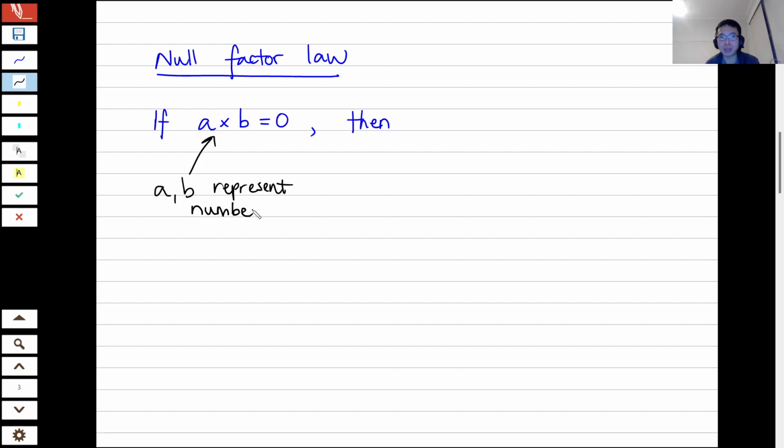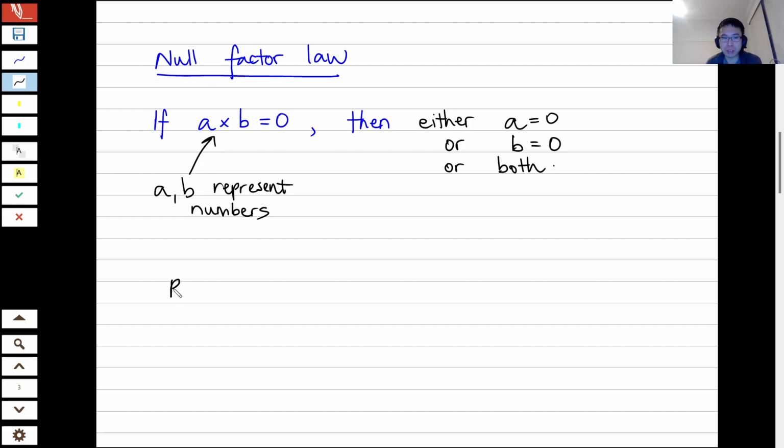So if I have two numbers, a and b, which when multiplied together give 0, then either a equals 0 or b equals 0 or both.